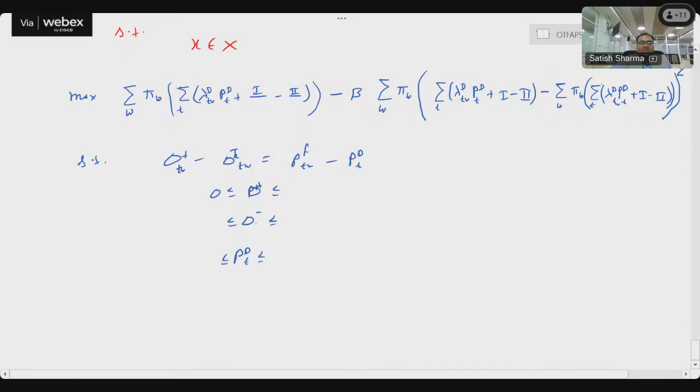Okay, so we have already discussed what these limits will be. So this is how I can put the entire formulation in terms of variance, and I can minimize the variance along with maximization of my profit. So this is how we can solve it. Is there any doubt?